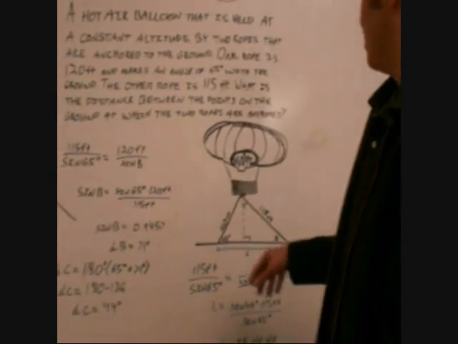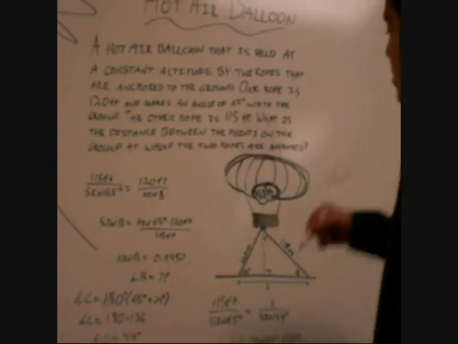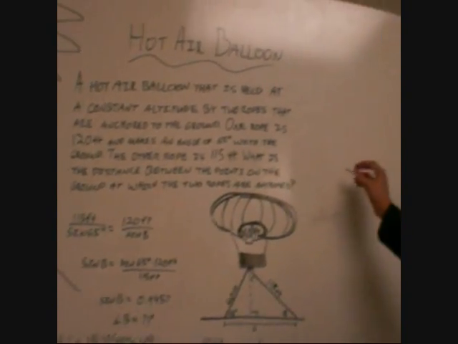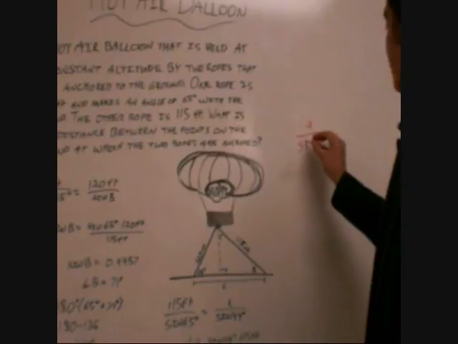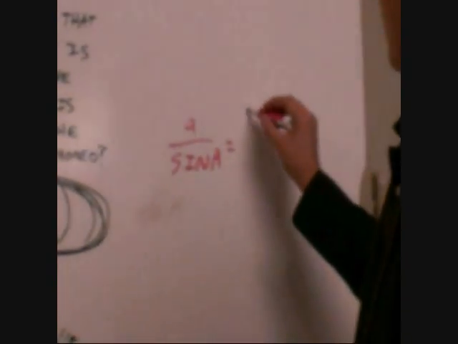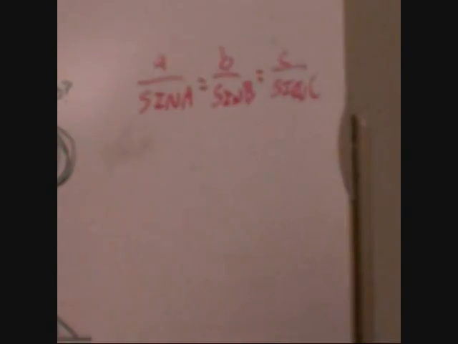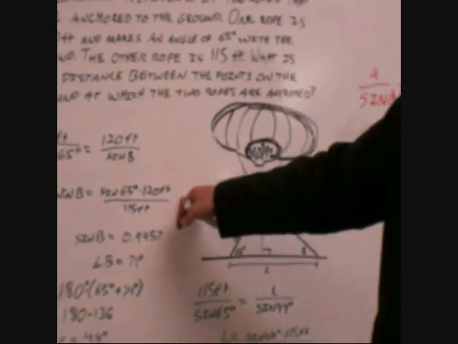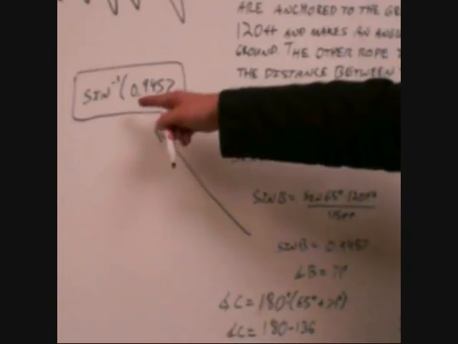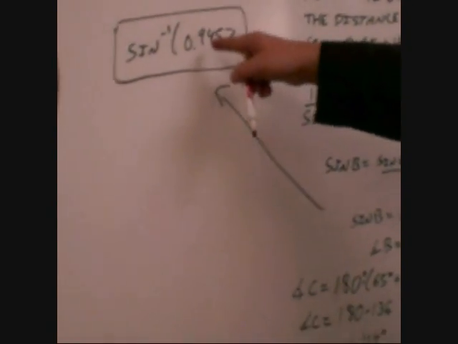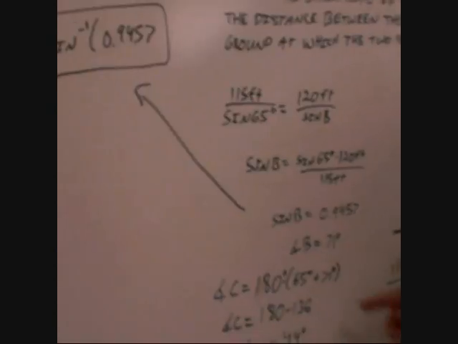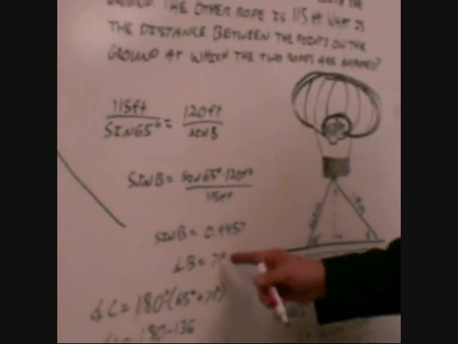You use the law of sines, which is A over sine A equals B over sine B equals C over sine C. You plug it into your calculator, the inverse sine of 0.9457, and angle B would be 71 degrees.